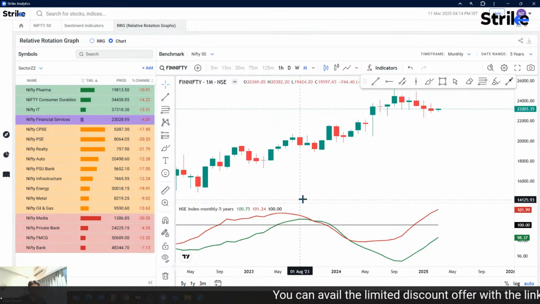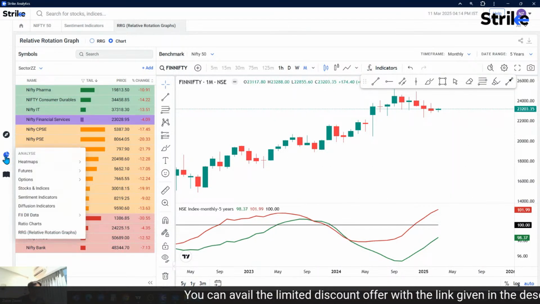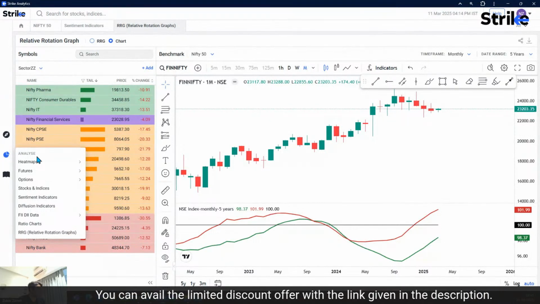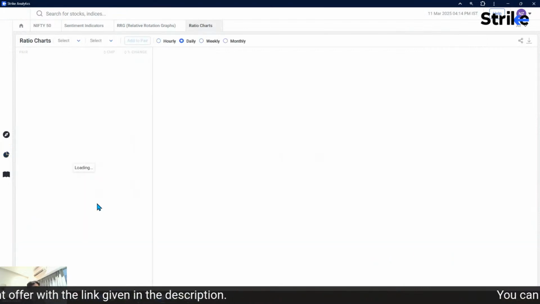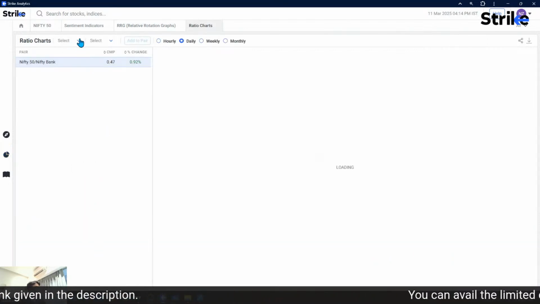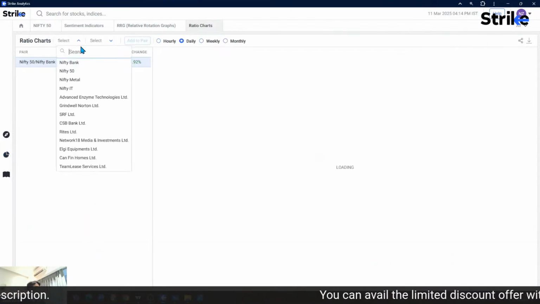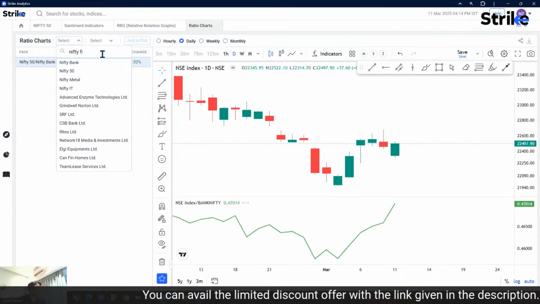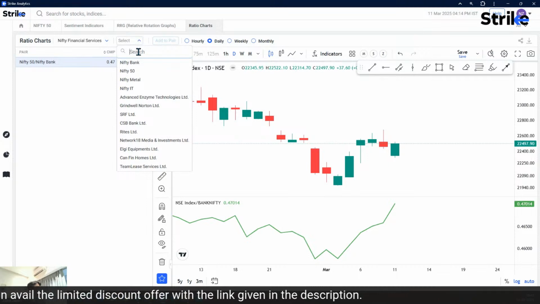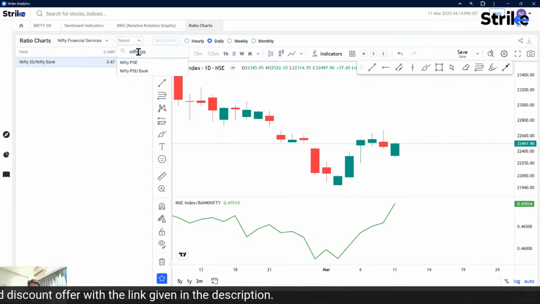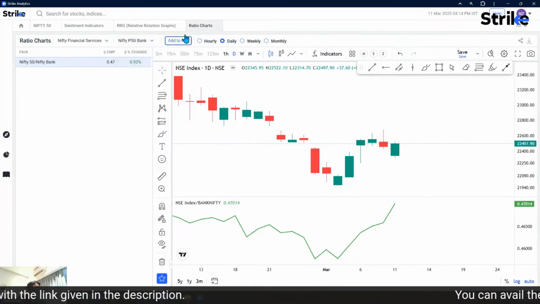Another way, we will cover this topic in detail later on, maybe next week, is something called ratio charts. When you click on ratio charts, over here you can select Nifty Financial Services, and the second one you select Nifty PSU Bank.